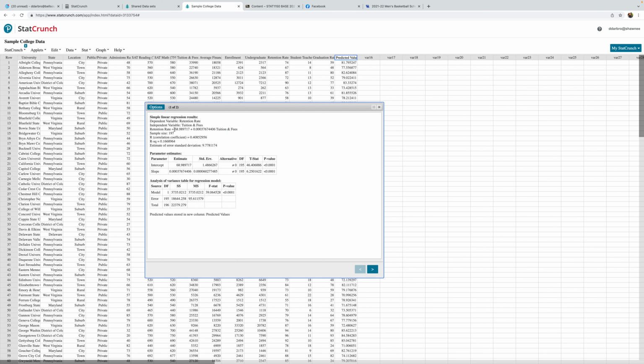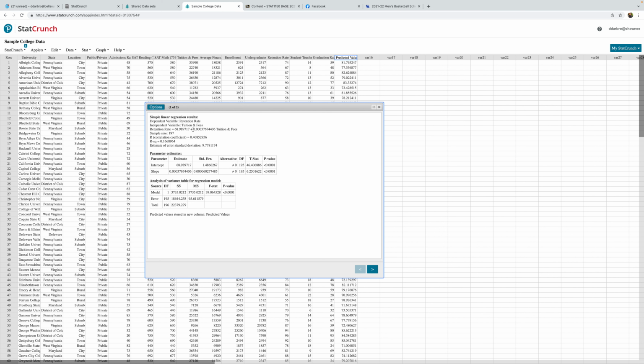So what would be the interpretation of the intercept? For a tuition and fee equal to 0, the predicted retention rate is 68.99. Yeah, that doesn't make sense because with a tuition and fee of 0, the university wouldn't exist. And a lot of times your intercept doesn't make contextual sense.